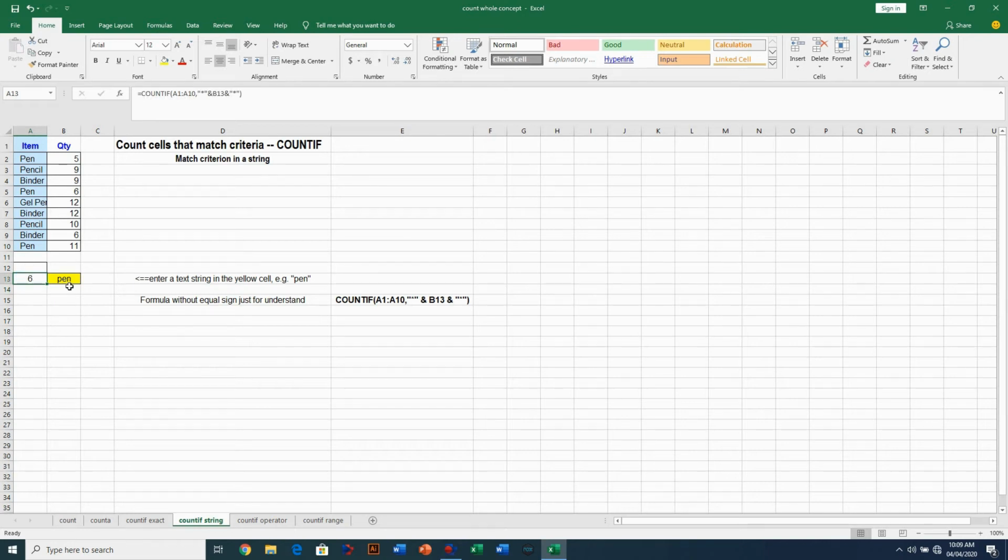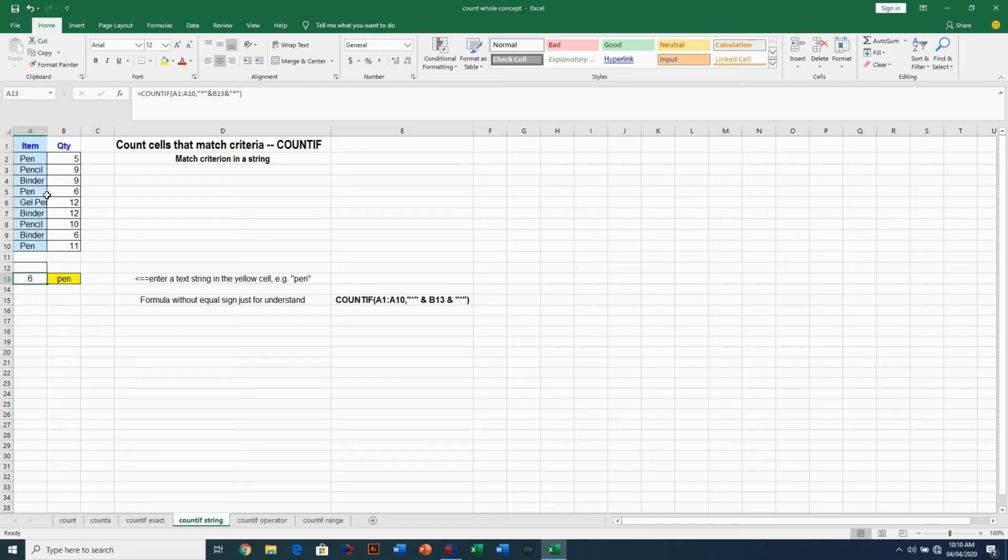So it counts append 6. 1, 2, 3. But it also counts the pen inside pencil. So make certain in a string.